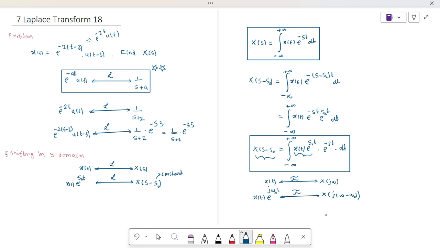Here just substitute s equal to j omega. So this is the constant in the s domain, j into omega naught.